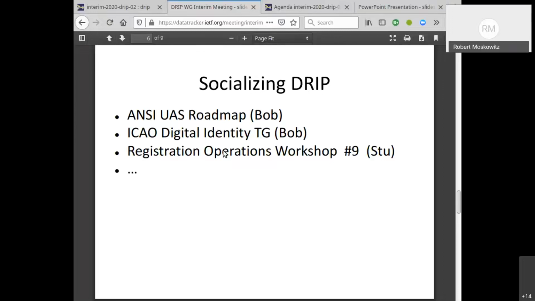I've gotten work in progress IETF and reference to those documents. So IETF will be in the final release of the ANSI UAS roadmap, which the FAA representatives in the discussion are quite pleased with. So we squeaked in, and we made it in. We'll have time with version 3 to be more effective, but they want to get version 2 published by the end of June. The final edits are supposed to be in Friday. So that's the status of the ANSI UAS roadmap.